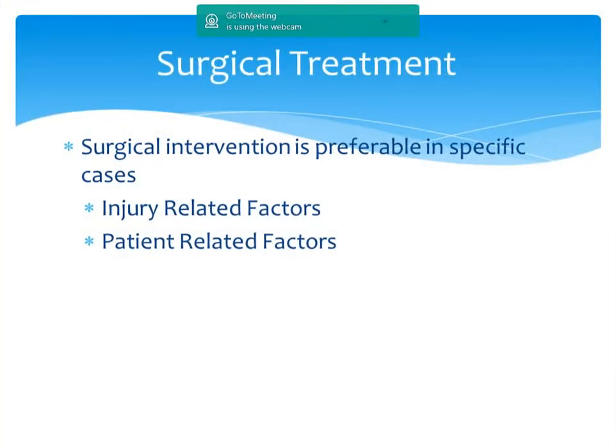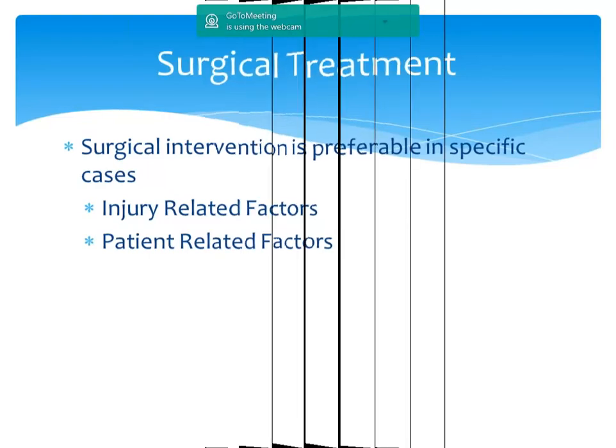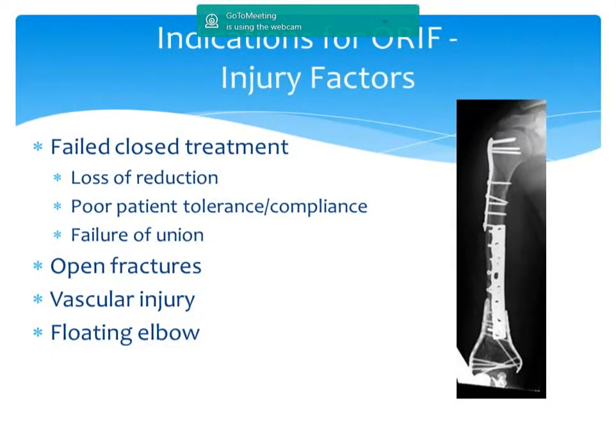Surgical treatment depends on injury related forces as well as patient related factors. What are the indications for open reduction internal fixation of humeral shaft fracture? Failed closed treatment: the patient was treated with closed reduction but it later failed due to loss of reduction, poor patient outcomes, or failure of union.